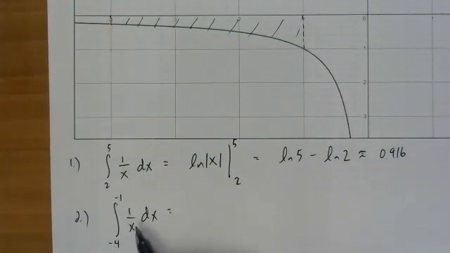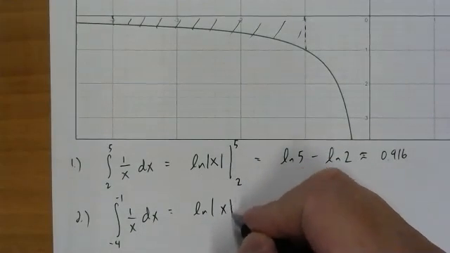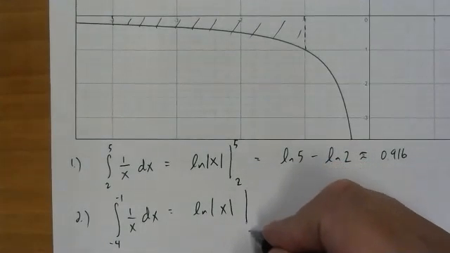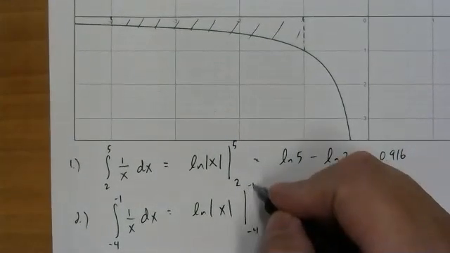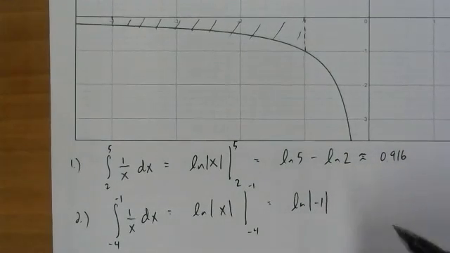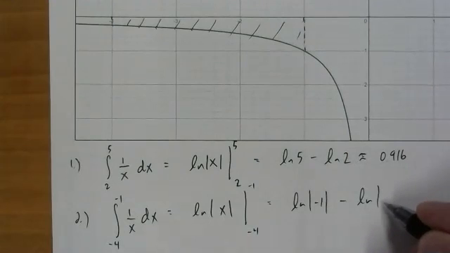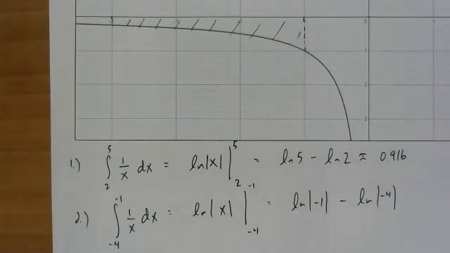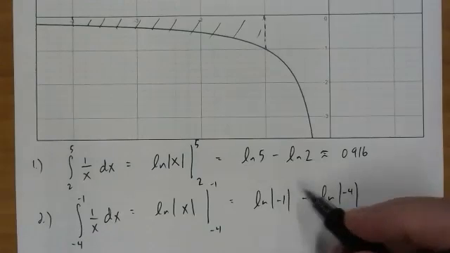So the integral is the same. The integral of 1 over x is natural log. Now in this case, the absolute value is going to become important, because if I plug in -1 for x, and then plug in -4 for x, what is the absolute value of -1?